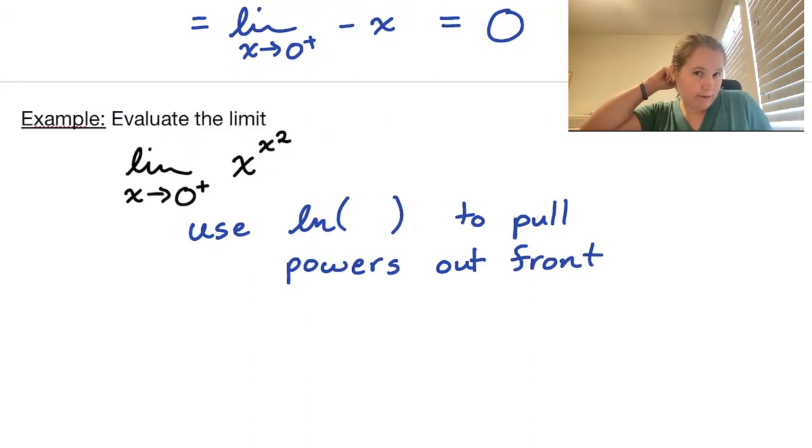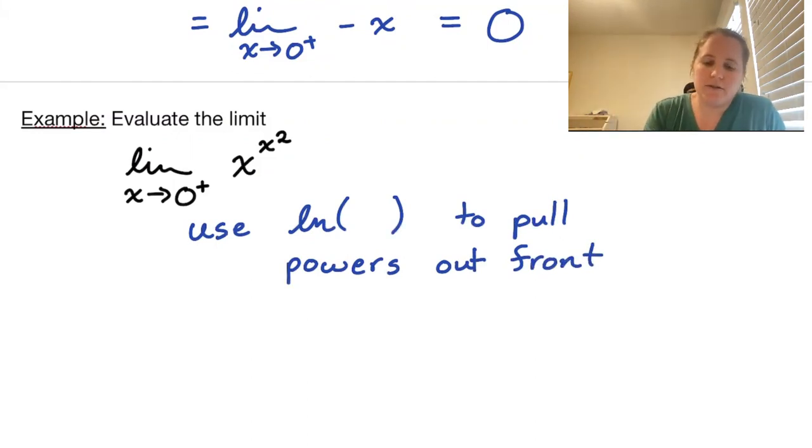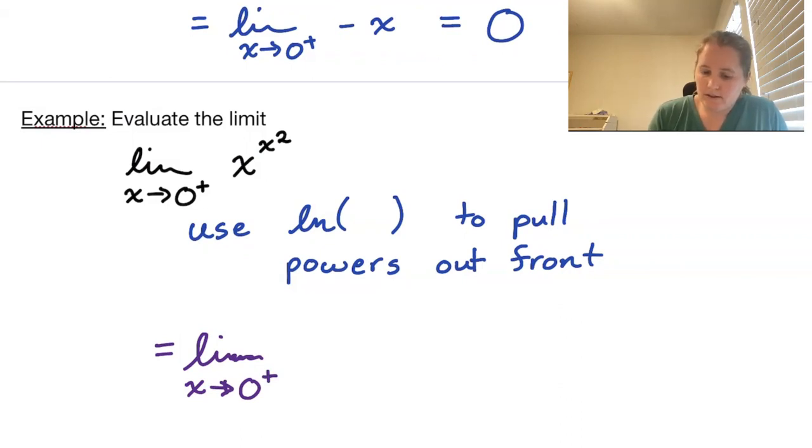So if we want to have an equivalent statement, we can take advantage of the fact that e to the natural log of x is the equivalent of x. And so we can take this as equivalent to doing the limit as x approaches 0 from the positive side of e to the natural log of x to the x squared.